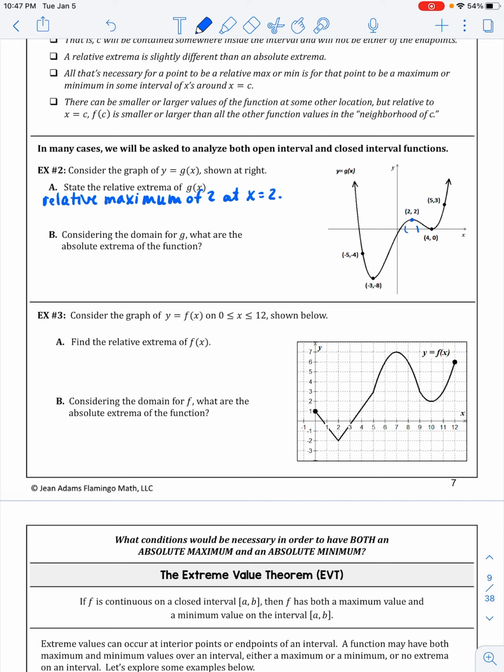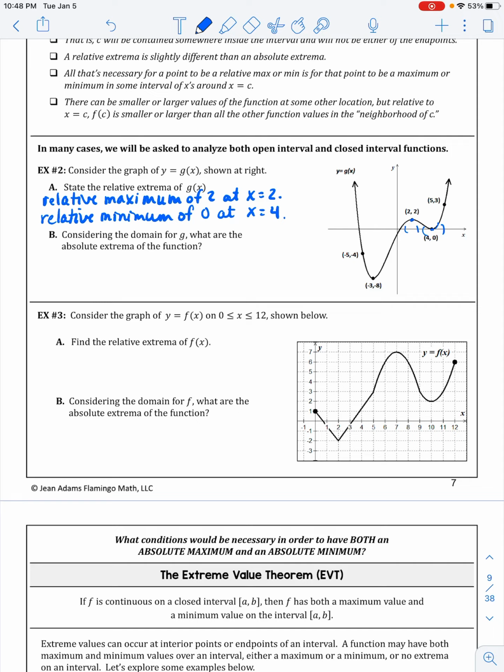We've got a relative minimum of, well, I'm seeing this right here. This minimum, it's the lowest point in the neighborhood, and the value of it is 0 at x equals 4. Remember, your maxes and mins are the y values.